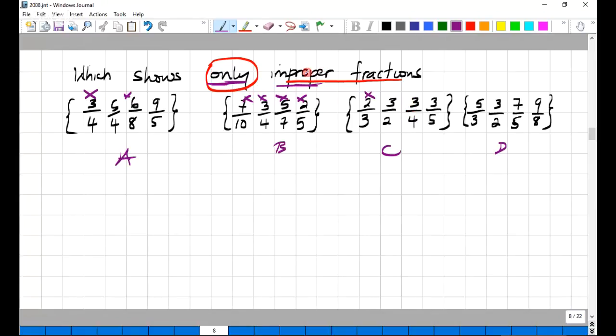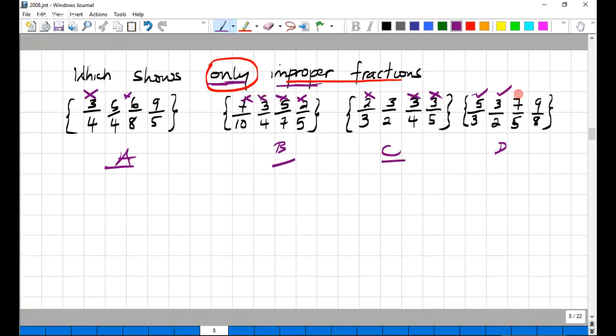So this one is improper, but 3/4 is what? Proper. And 3/5 is proper. So we rule out A, we rule out B, we rule out C. But we still have to check D to make sure that it's correct. 5/3. Improper. So this one is good. 3/2. Improper. Good.